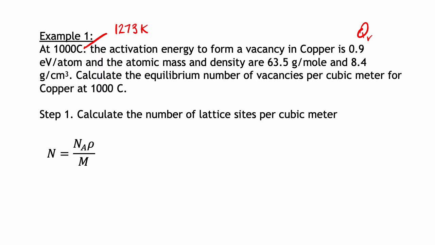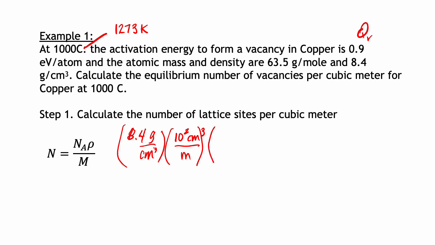So the first thing I need to do is find the number of atoms per cubic meter. I can take my density, 8.4 grams per cubic centimeter, and then I'm going to turn that into meters, and I have to cube that. So now I've got grams per cubic meter.